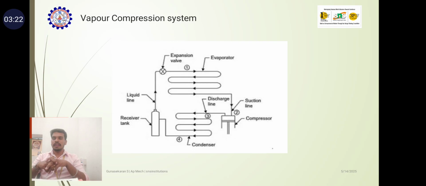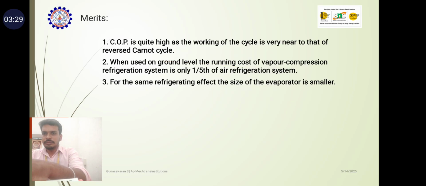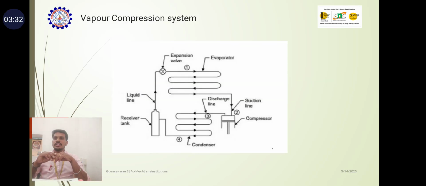Then we are seeing the third stage, expansion. Expansion is the third stage of the vapor compression cycle. Here the high pressure liquid refrigerant from the condenser passes through the expansion valve or capillary tube, where its pressure suddenly drops.